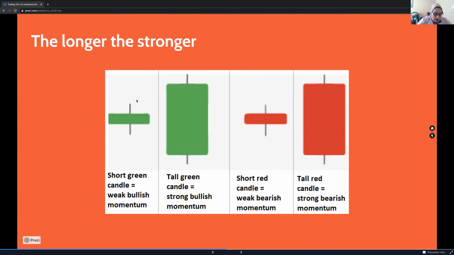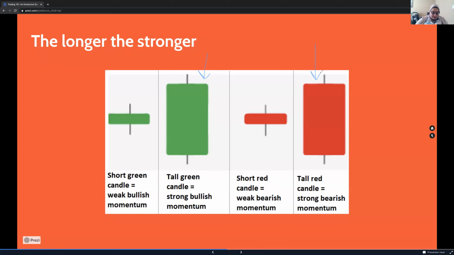If you see a long candle, whether it's green or red, on both sides, a long red coming out or a long green coming in, this is an indication of a stronger level, a stronger zone. Why am I saying that?